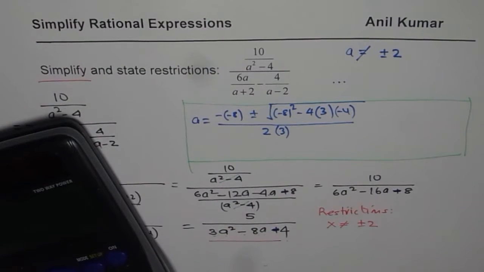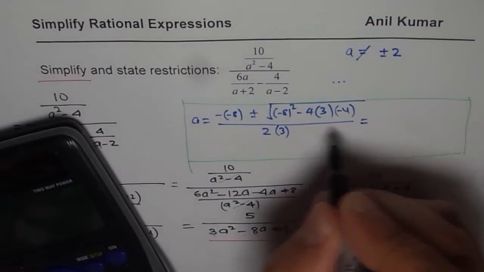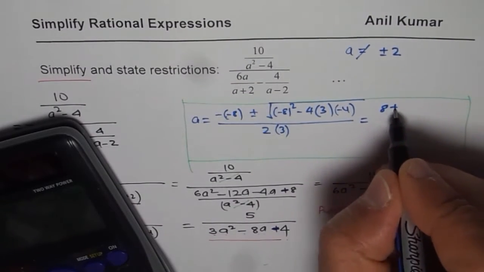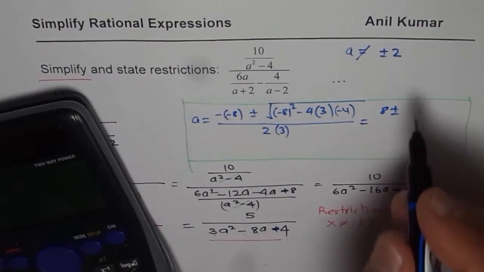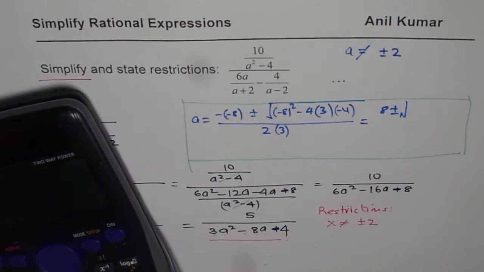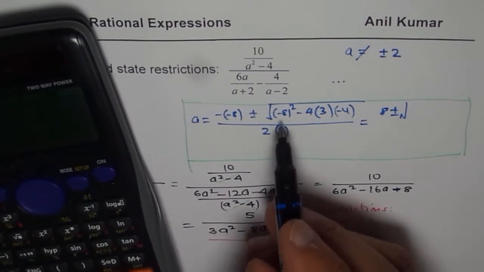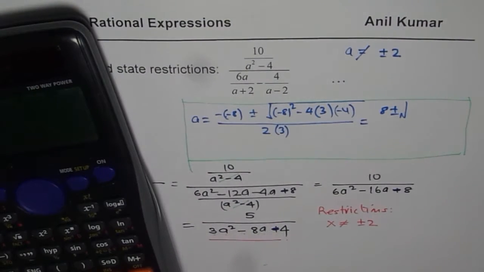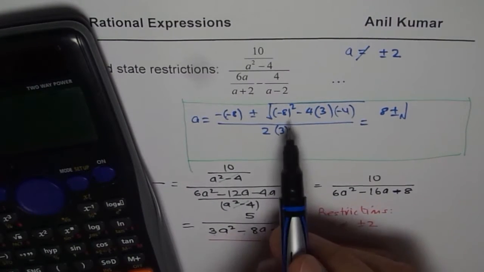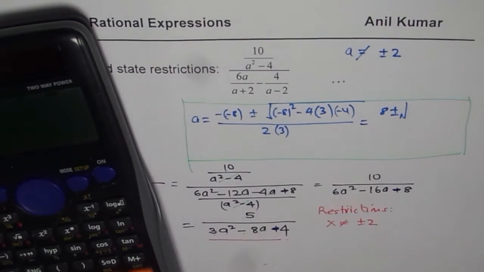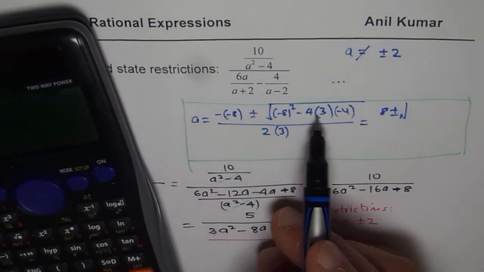So let me find the value of the square root first. In the numerator we have 8 here, plus minus. Within the square root is minus 8 square, which is 64. Minus times minus is plus, so let me write plus 4 times 4 times 3.